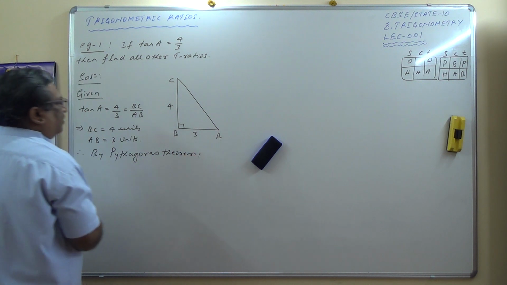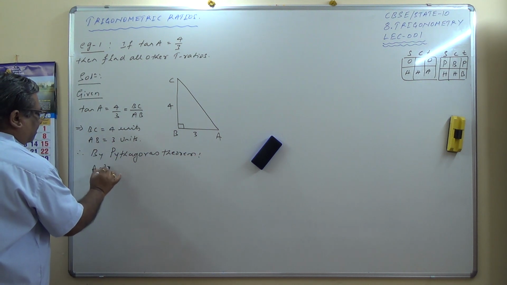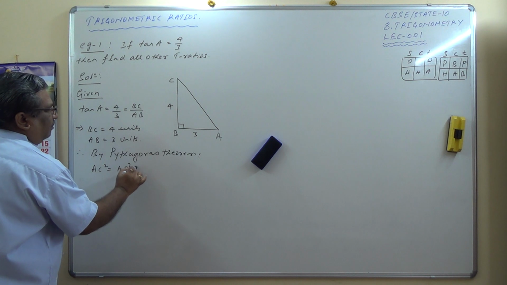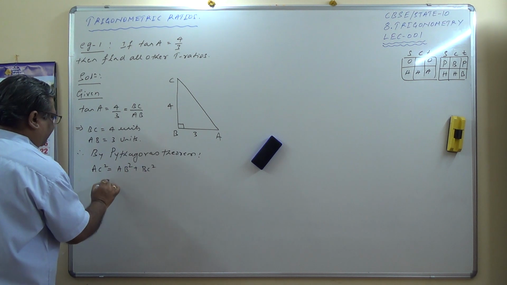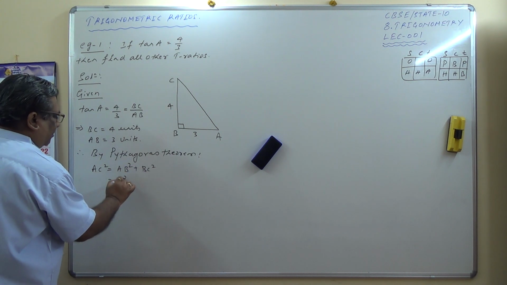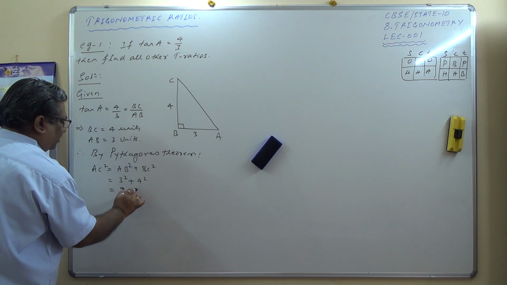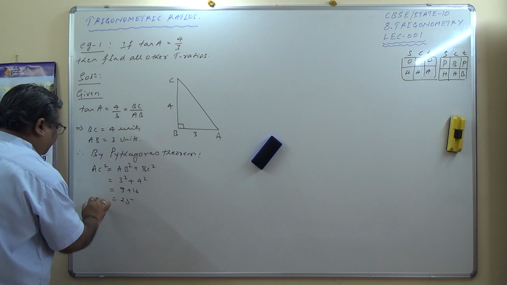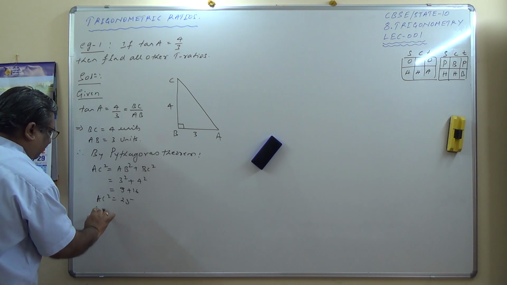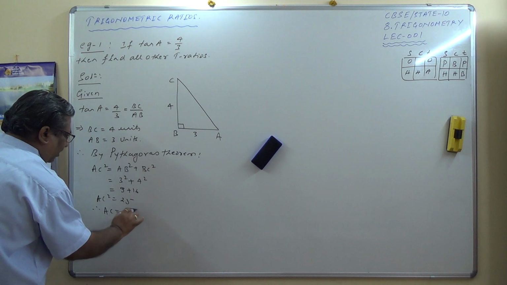By Pythagoras theorem, AC square equals AB square plus BC square, which is 3 square plus 4 square, which is 9 plus 16, which is 25, so AC square is 25, and therefore AC equals under root of 25.